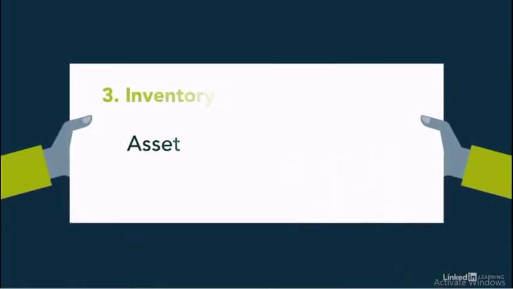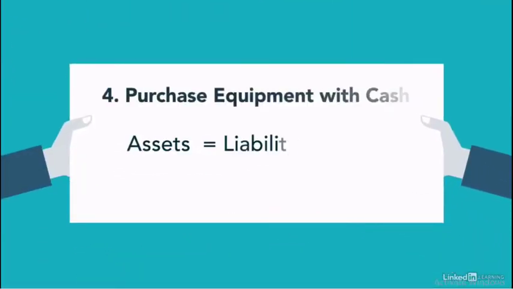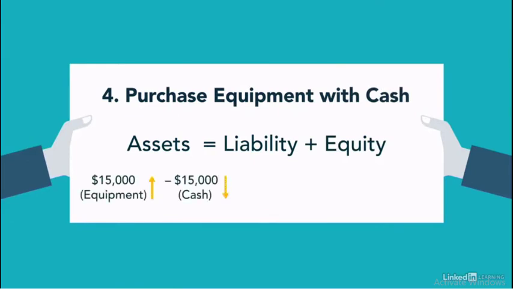In the third transaction, inventory, that is an item that we will resell later, is purchased on credit. We will pay for our inventory at a later date. Our assets, specifically inventory, increased by $14,000, and our liabilities, specifically accounts payable, increased by $14,000 as well, as we now owe money to a creditor at some point in the future. In the fourth transaction, we purchase equipment by paying cash. In this instance, we are trading one asset, cash, for another asset, equipment.